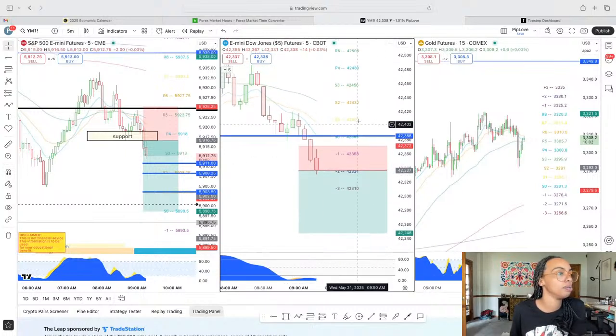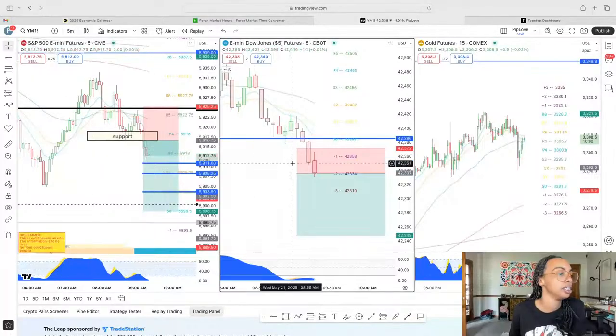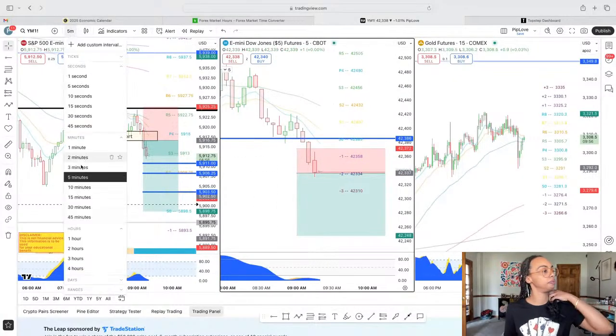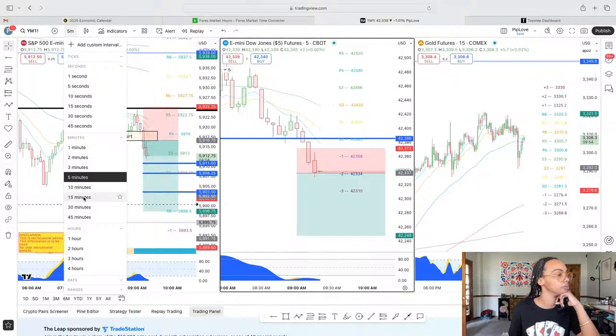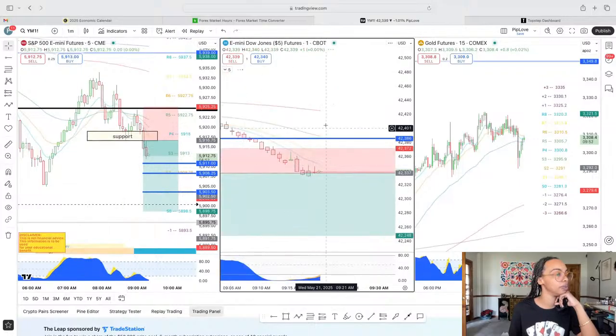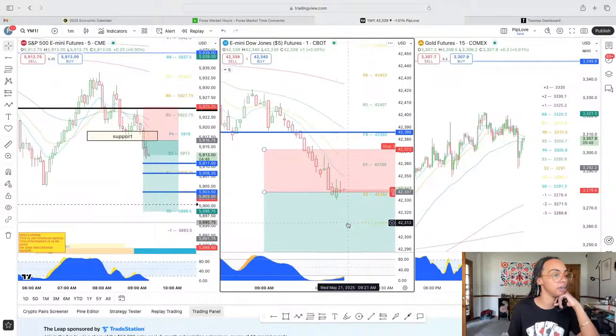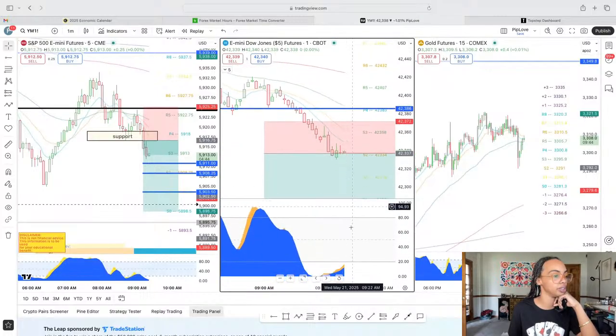Okay, so back to the Dow. Looks like it's near the low of this pivotal area on the 5 minute. Let's see what the 1 minute is telling us. Okay, the 1 minute is giving us some buying momentum on our RSI.